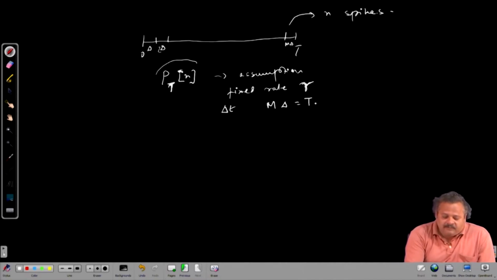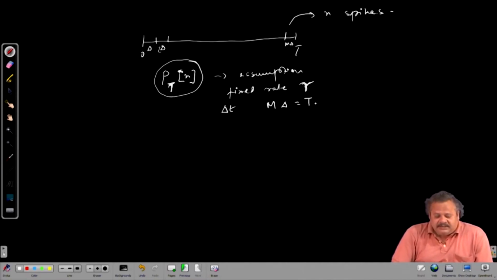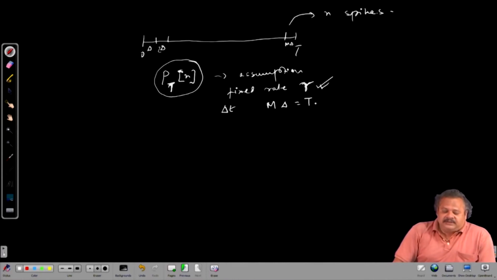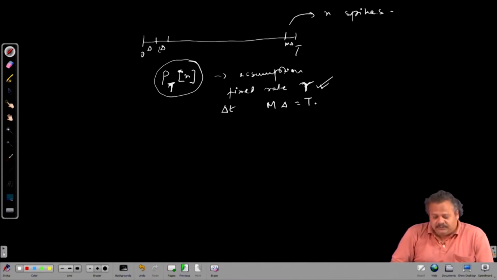So, the probability of observing n spikes in this window capital T can be obtained in this manner: we have a fixed rate R, and the events or spikes occurring in each of these time windows are independent of each other. That is, whether there is a spike in the previous or neighboring time windows does not influence spiking in that particular window.